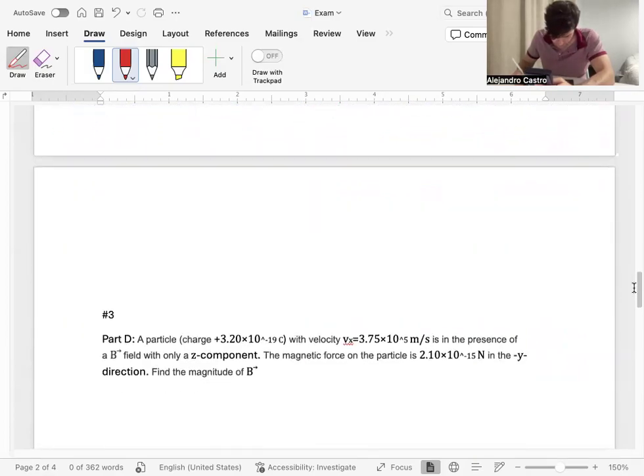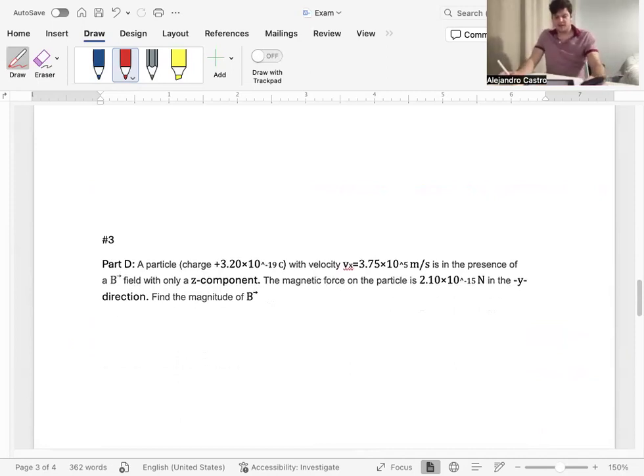Okay, let's move on to exercise number 3. A particle with charge positive 3.20 times 10 to the power of minus 19 C, with velocity v equal to 3.75 times 10 to the power of 5 meters per second, is in the presence of a B field with only a z component.